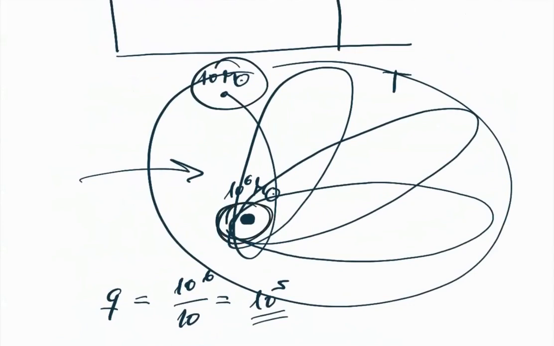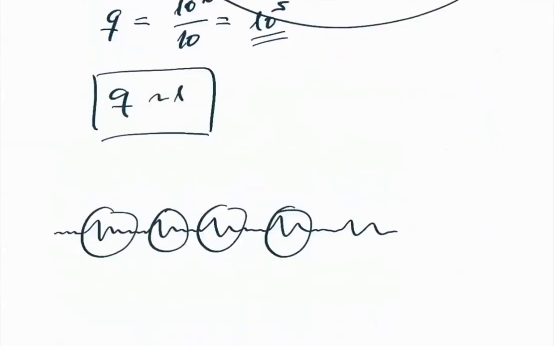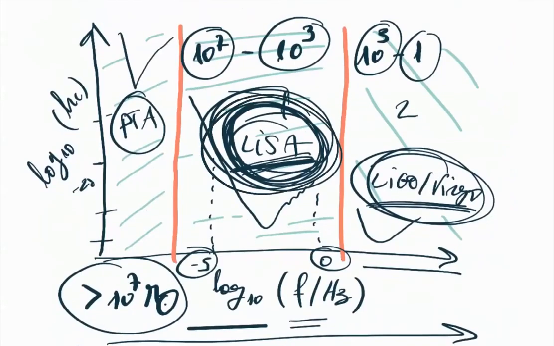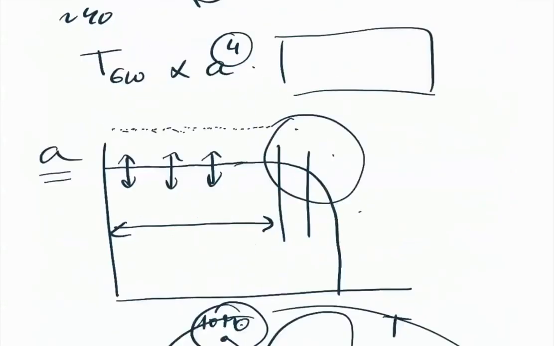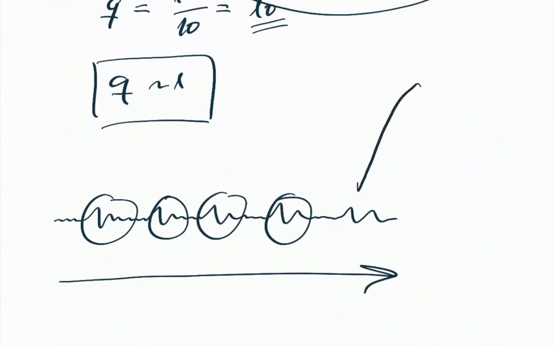So for one of the systems that I was saying before, for the LISA window, we're going to be looking at them evolving for months, if not years, which means that we have months, if not years, of this kind of data. Now, in the case of LIGO and Virgo, we're looking at one of these peaks.